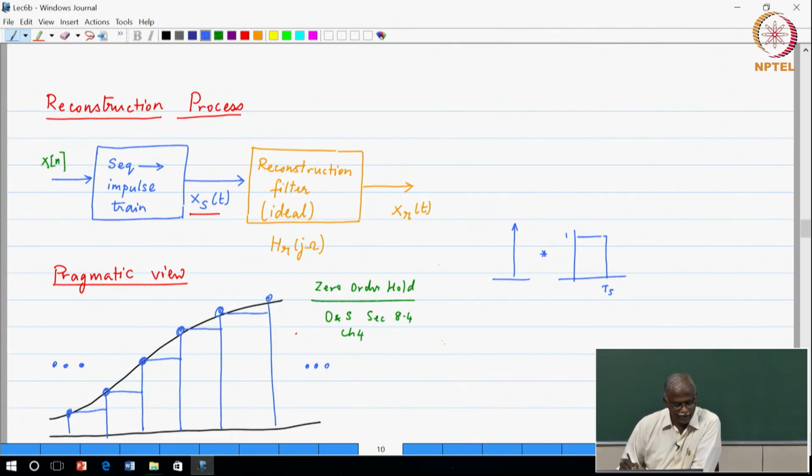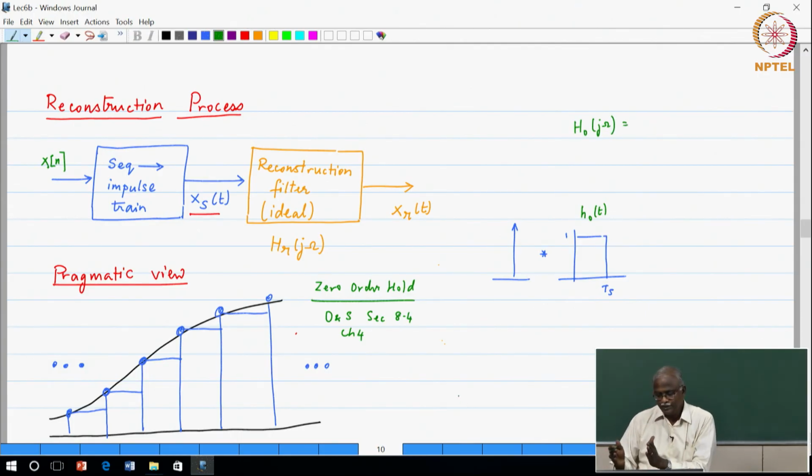If I convolve these two, we get the staircase approximation. Wherever the delta occurs, I convolve and get this staircase approximation. If I call this H naught of t, H naught to indicate a 0th order hold, I am sure you will be able to do the Fourier transform, H naught of j omega.